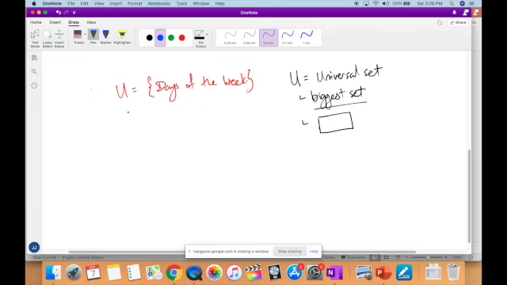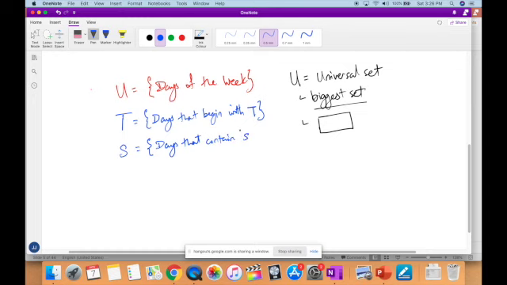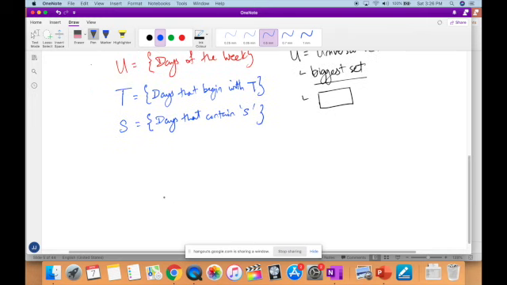But now I have other sets. So I can have the set T, which are days that begin with T. I could have S, the days that contain the letter S. So, what else?